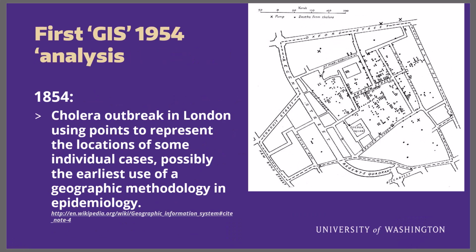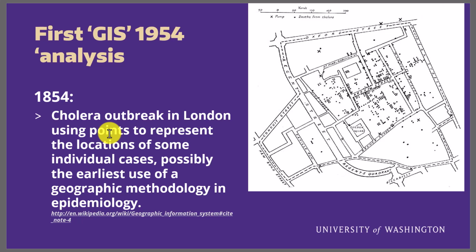The actual first GIS analysis is from 1854, a cholera outbreak in London, and the analysis was to use points to represent the locations of individual cases of cholera.